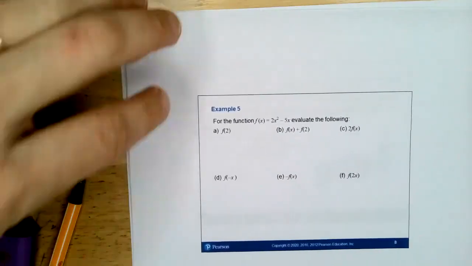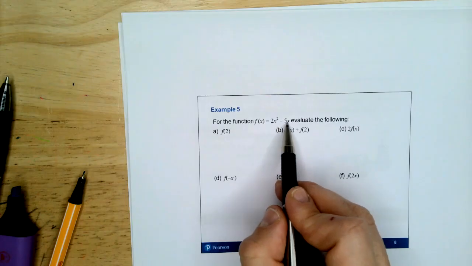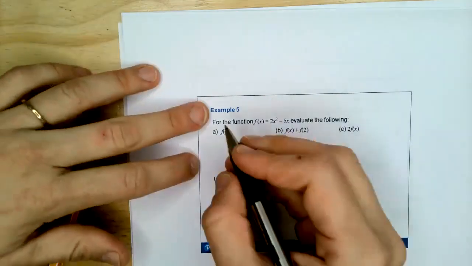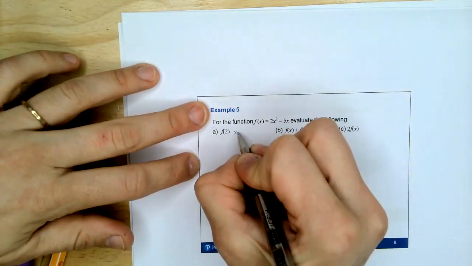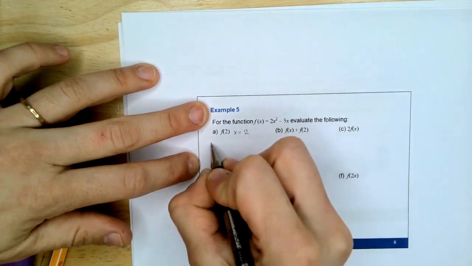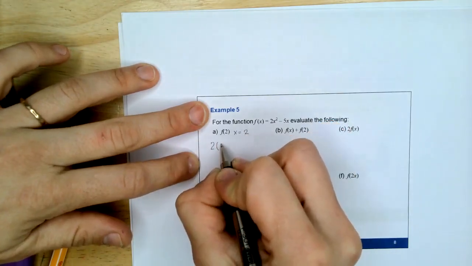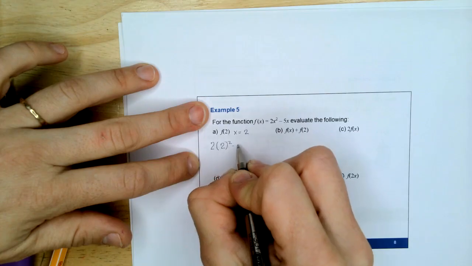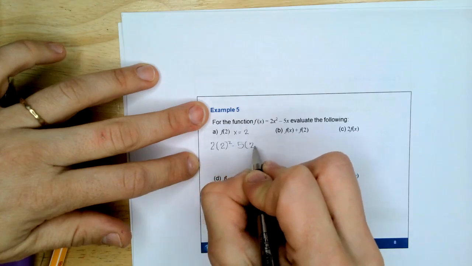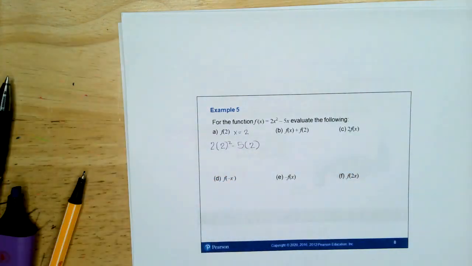All right, for the function f of x equals 2x squared minus 5x, evaluate the following. So let's just practice. F of 2 means that x is now equal to 2. So we're going to say 2 times 2 squared minus 5 times 2.